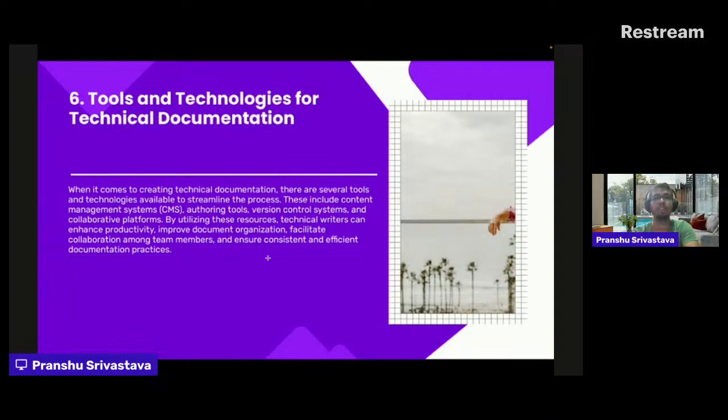So obviously the tools and technologies that you can use for documentation are various CMS technologies, and you can use Git. And one of the most common files used for these systems are markdown files.